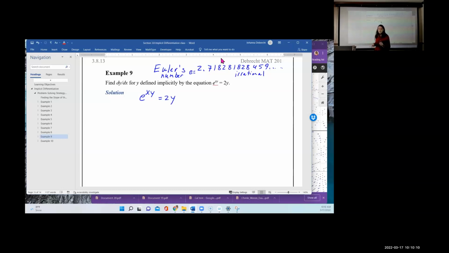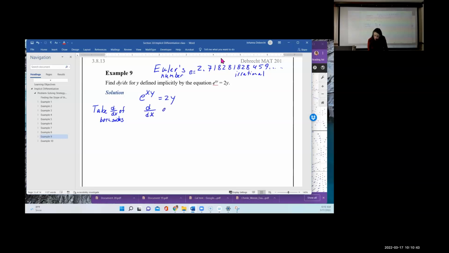If we tried to switch to natural log form, it would reveal the y that's in the power here, but it would bury the 2y over here and put it inside of the natural log. So there's no way to solve for y. So to find the derivative, we do implicit differentiation, and we take the derivative of both sides. It's a deceptively simple equation, but it's actually quite complicated.